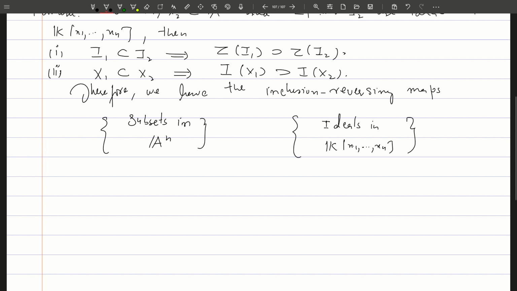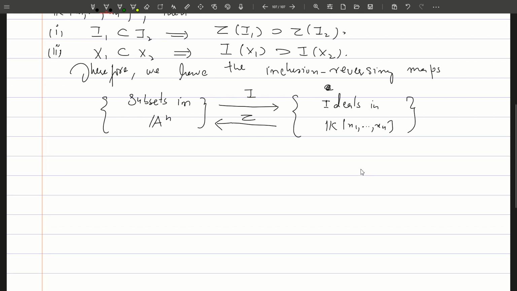From this set to this set we had the map I, which takes a subset in affine space to an ideal inside the polynomial ring, and from here to here we had the map Z, where we take an ideal inside the polynomial ring and we associate its zero set in the affine space.